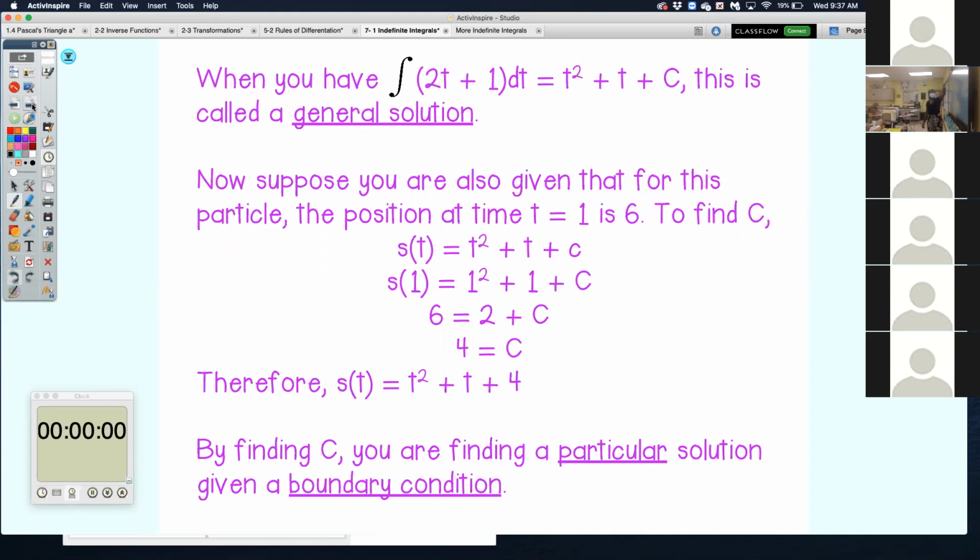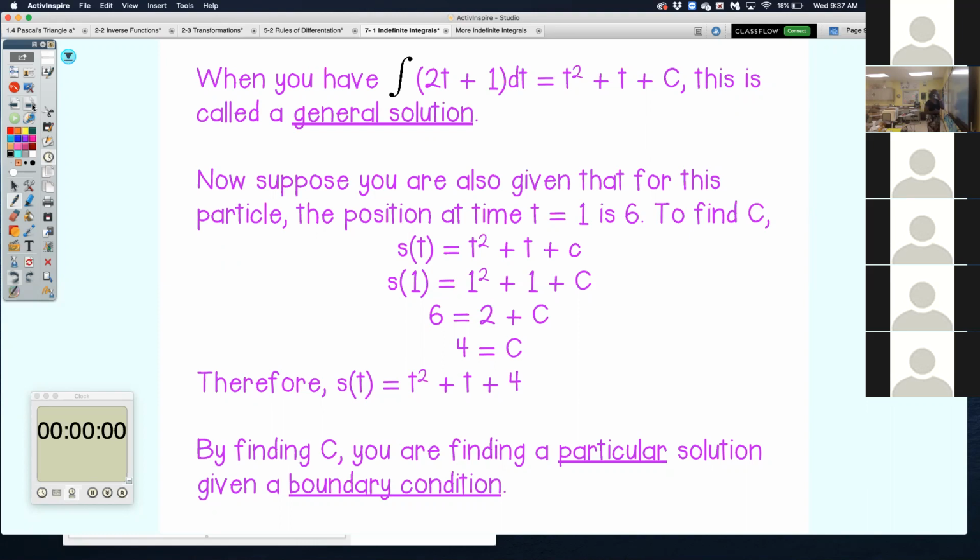So let's say that you were given this integral of 2t plus 1 dt, and you found the integral to be t squared plus t plus c. Well, what if you were also told that this represented a particle and the position at time t equals 1 is 6?